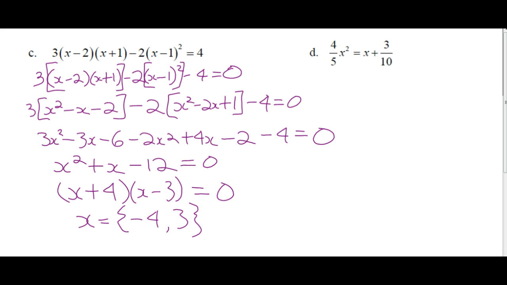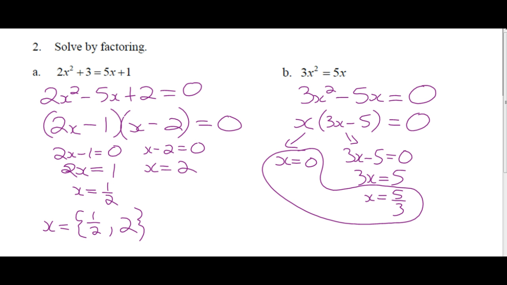Why is it negative 4 and 3? Because I need x plus 4 to equal 0. So what value of x? Okay. So here I'm just kind of cutting to the chase, right? Now, I could also do that here. So what's the quick way of solving this for 0?